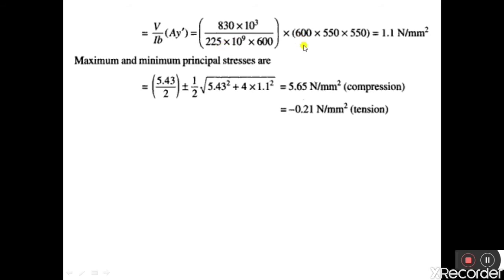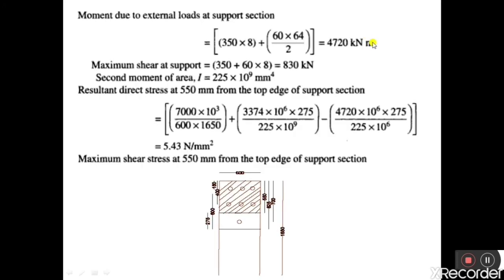A is 600 into 550 mm, and y dash is 550 by 2. Here it is a typing mistake. It is 550 by 2. So 600 into 550 into 550 by 2, which gives 1.1 Newton per mm square. So 1.1 Newton per mm square is the maximum shear stress developed along this plane.